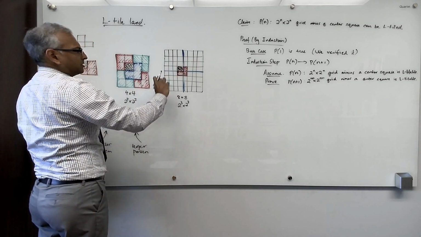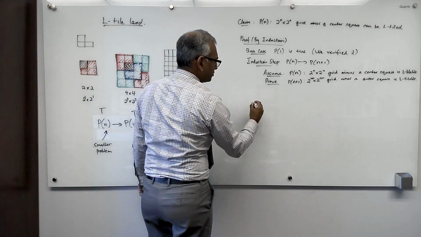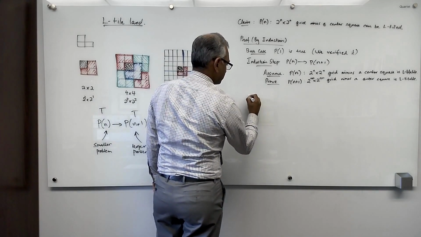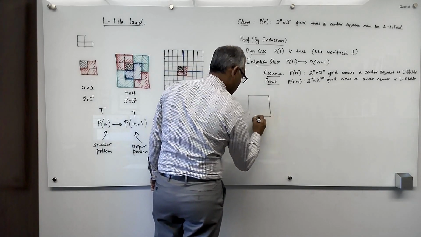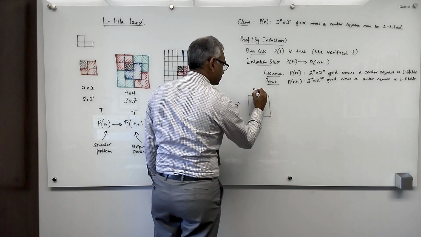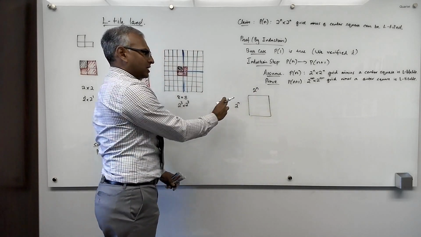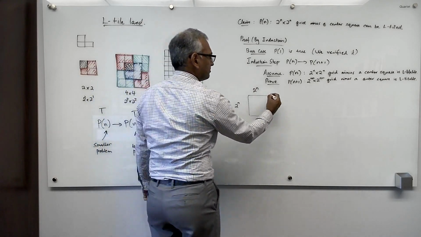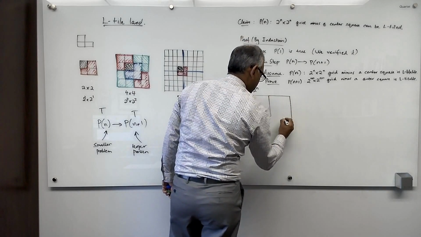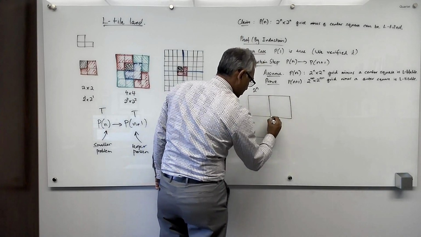So if you have the 2 to the n by 2 to the n square, then 2 to the n plus 1 by 2 to the n plus 1 simply adds another square on each dimension because it's doubling.